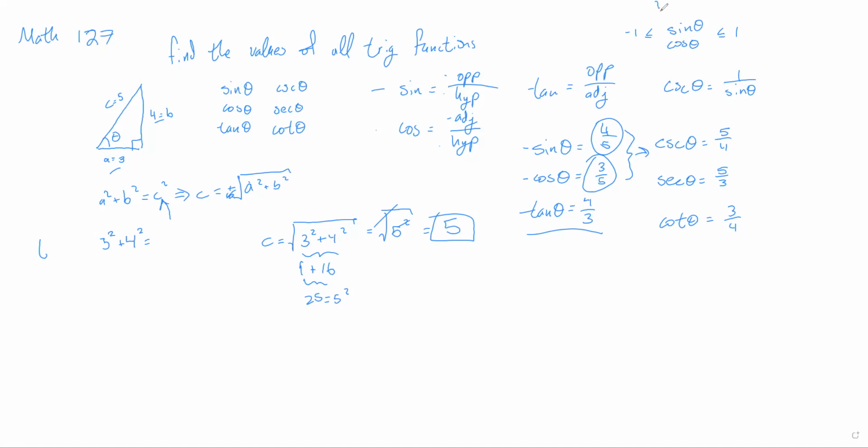I'm implying that the absolute value of sine is always less than 1, but greater than 0. Sorry, I'm not being very proper with my wording, but that's what I'm referring to. Its magnitude is always less than 1. Since this is always less than 1, cosecant is always going to be greater than or equal to 1. And same with secant. So that's something you can keep in mind to double check. We can see that this is greater than 1, and so is this. And yeah, that's about it.